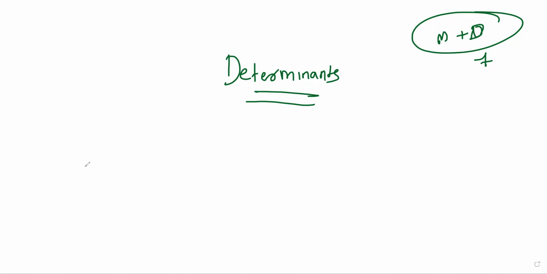So listen. What is a determinant? Listen carefully. Suppose I am having a matrix A. Then its determinant is given as determinant of A. This is a symbol.